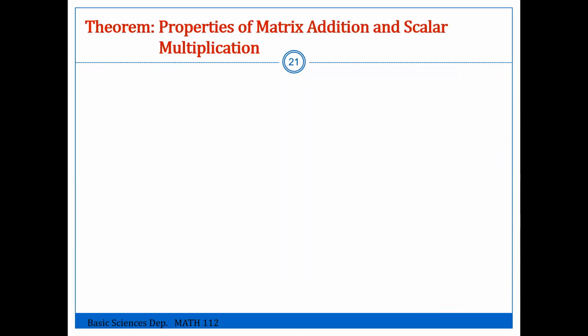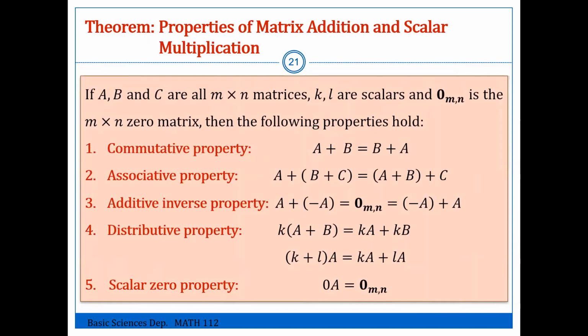Okay, we move. So we have the same properties. Commutative addition: the order is not important. Associative: when we have 3 matrices, we can add the first and the second and then add the third, or add the second and third and then add the first, so the order is not important.